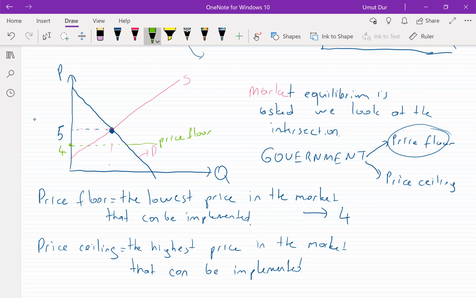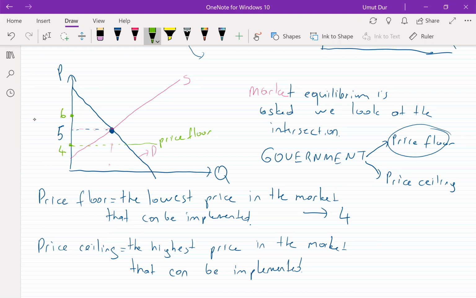And the government tells us that the transaction price cannot be less than 4. Can that affect our transaction price? Exactly. Since the equilibrium price is already higher than the price floor, it will not affect the transaction price.